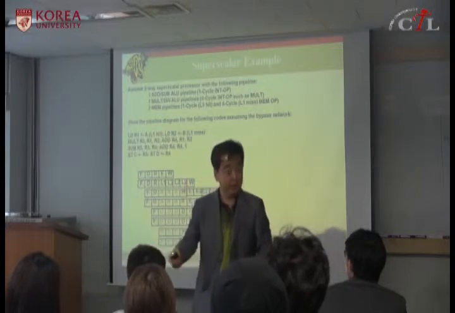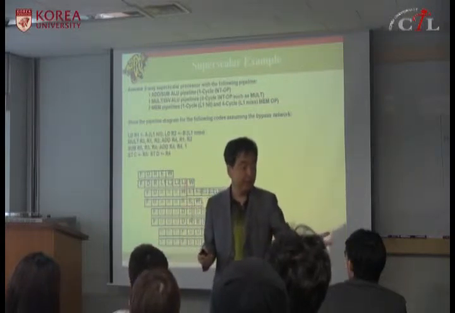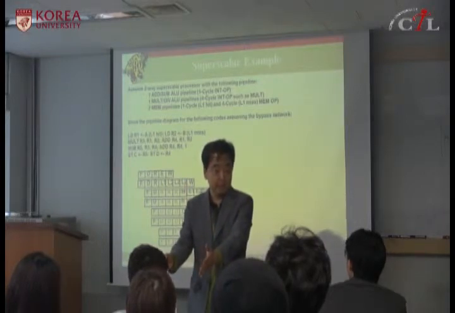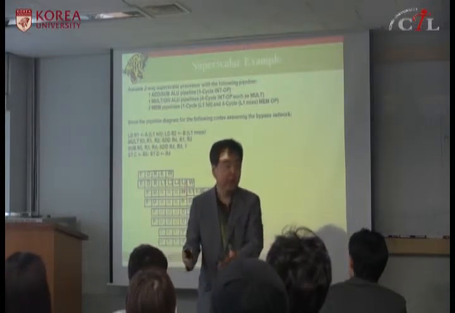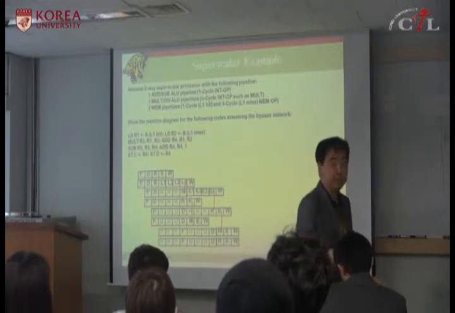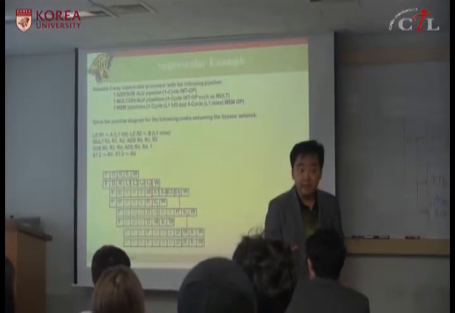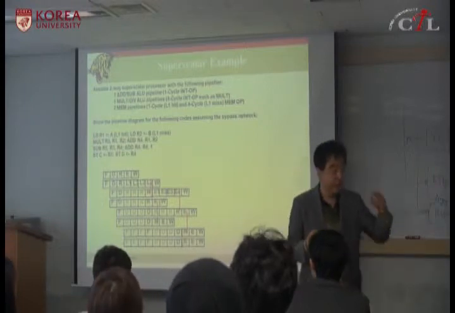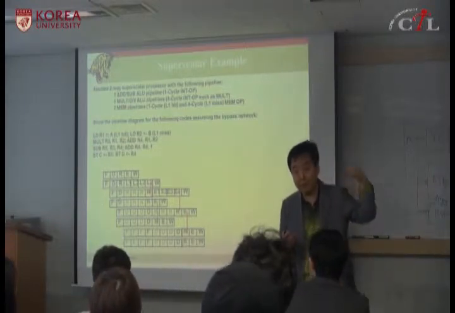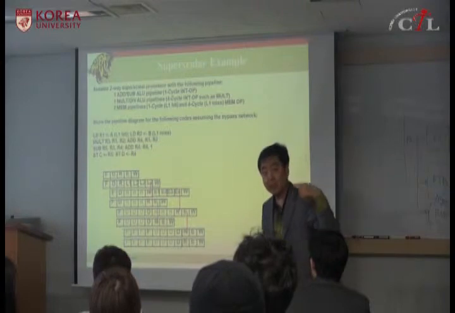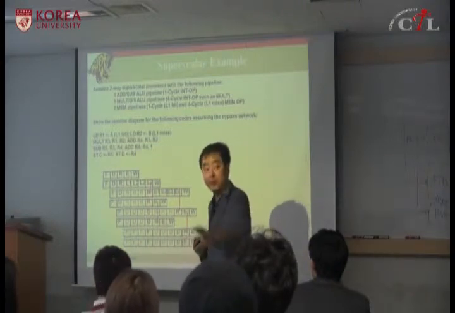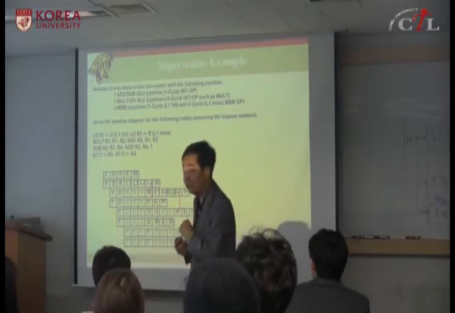When you access the memory next time, sometimes you can find the instruction or address from the cache because you access the same instruction or same data again and again. It's called temporal locality. Okay? You think about instructions of a loop, you execute the same instruction again and again, right? Data is also the same. So if you hit the cache, you don't have to go to memory, you can get the data from the cache.